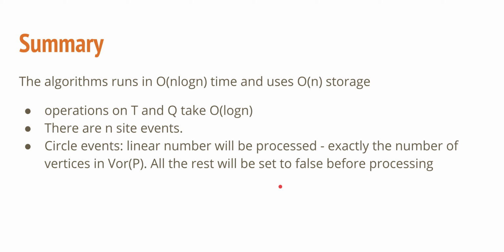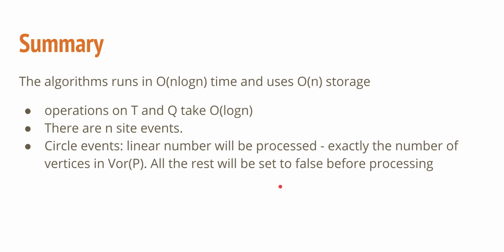Well, I will prove that this is a linear number, because exactly the number of vertices in the Voronoi diagram is equal to the number of circle events: every time we process a circle event, we are sure that this event is one vertex in the Voronoi diagram.